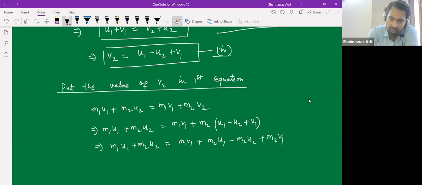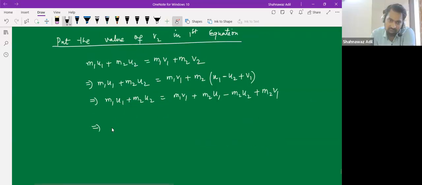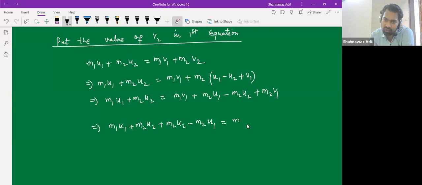Then what would this equation be? This is m1 u1 plus m2 u2 plus m2 u2 minus m2 u1, equal to m1 v1 plus m2 v1, right?